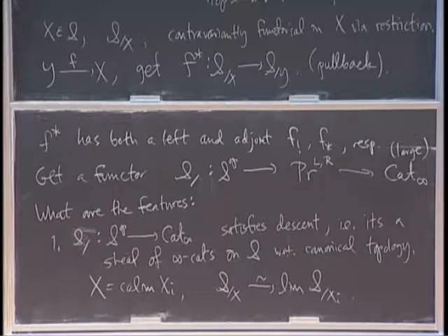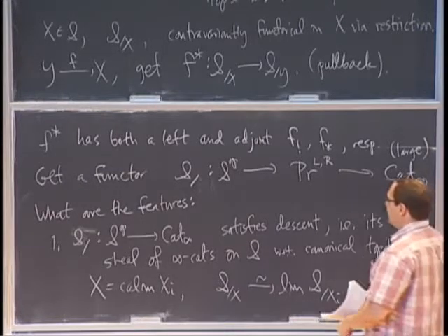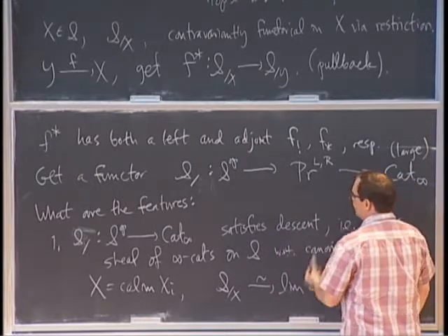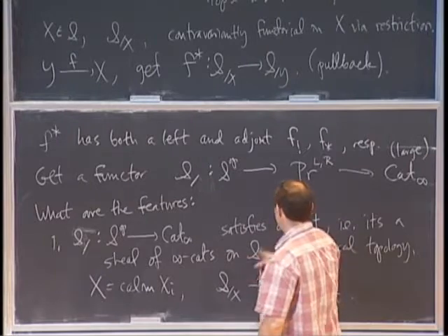Another feature that it has, yeah. So I guess I'm a little confused. It doesn't look like that follows from the universal property of a colimit directly because you're mapping it. So is there some reason to say why? Yeah, well, I mean, it basically uses descent in the infinity topos.